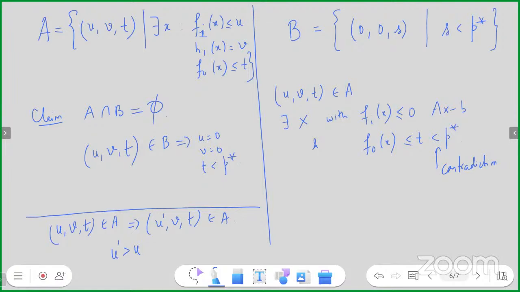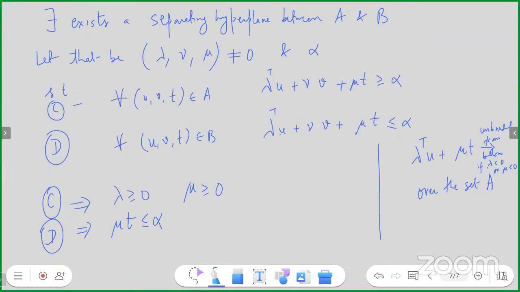Now what do I have? This element here, U, V, T, T is greater than P star.